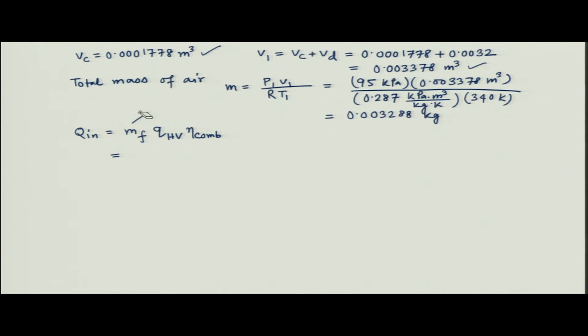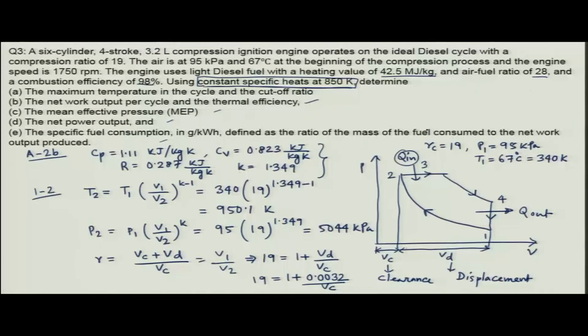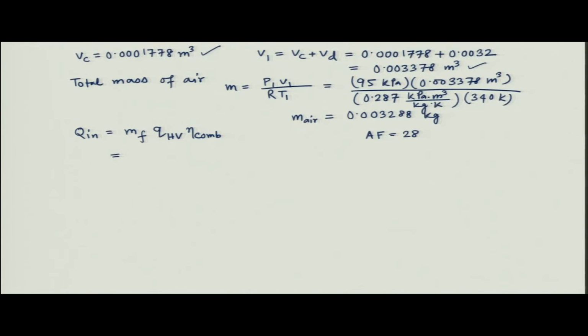So, for this we have already found the mass of the air. This is the amount of air inside the cylinder. Also what is given is the air fuel ratio, that is 28. So, what does it mean?